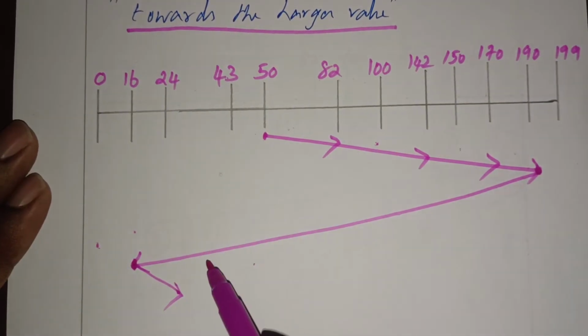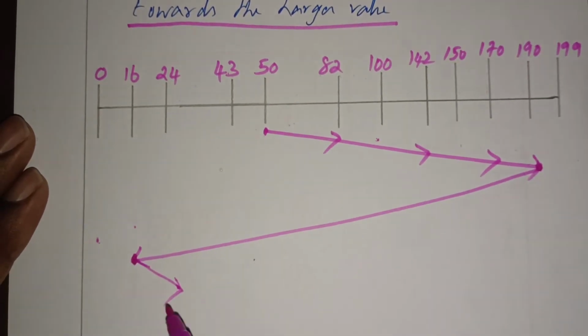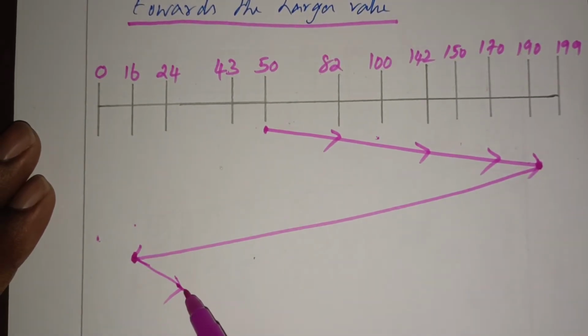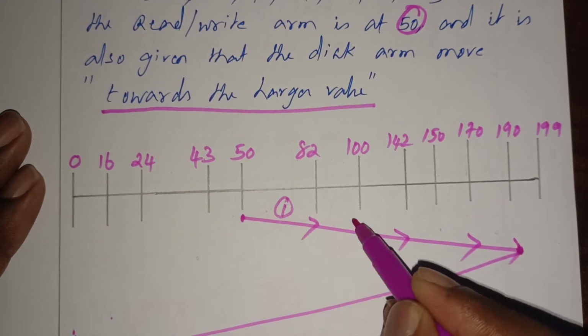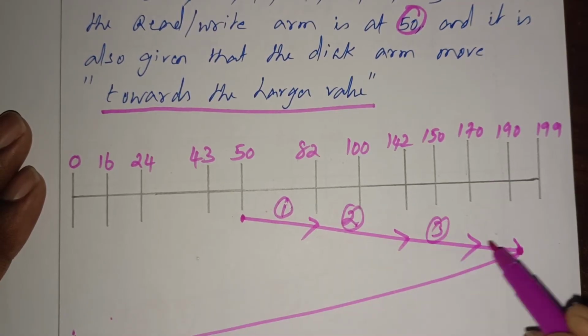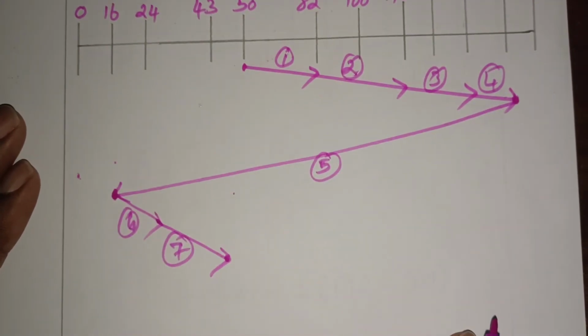The 24 request has already been given, you can check it over here, so the request has been served, and it is not stopping here, it stops only at 43. Here we can check the sequence of serving: 1, 2, 3, 4, 5, 6, 7. So all these requests have now been served.